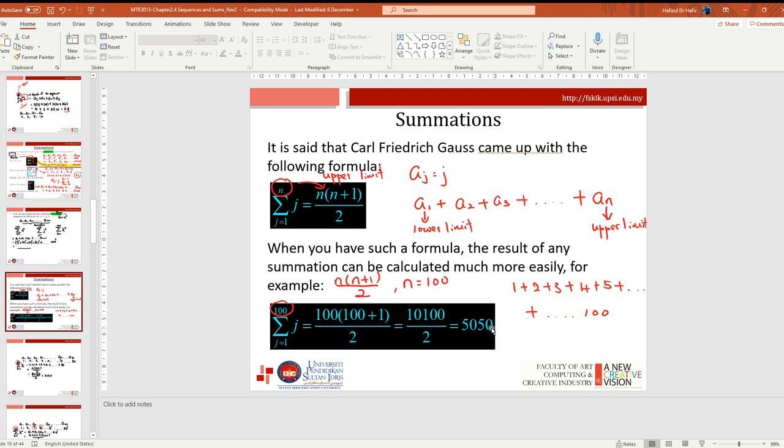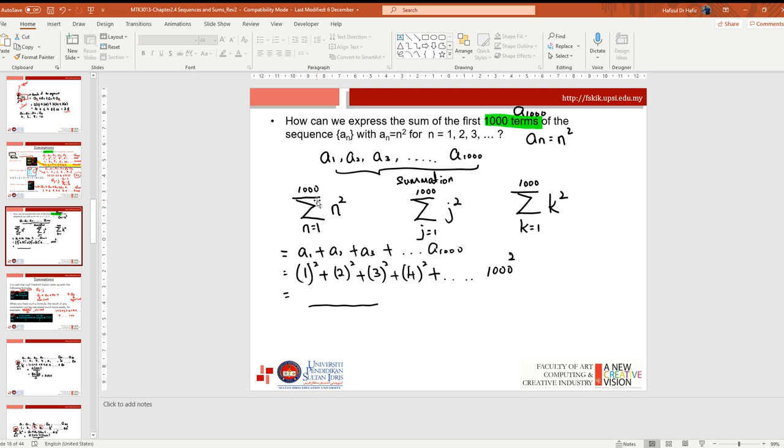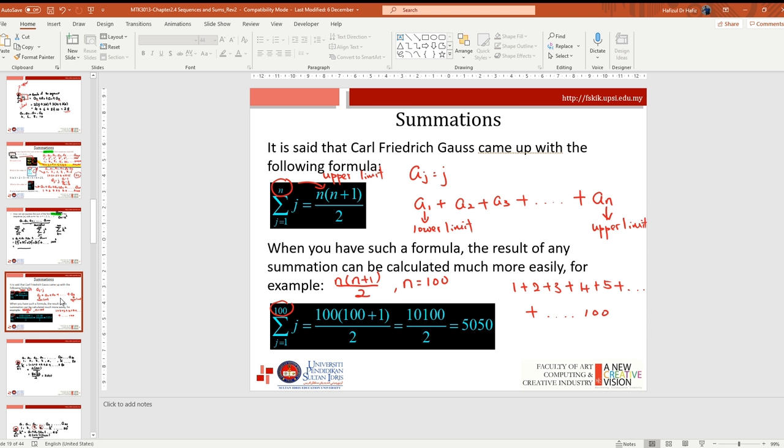This is much simpler and easier to calculate, because if you have a summation of 1000, it is more difficult to calculate. You can use this formula: upper limit n times n plus 1, divided by 2.